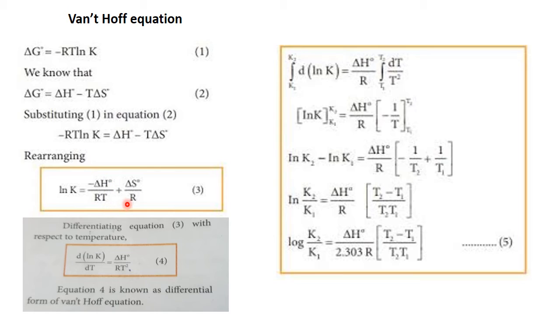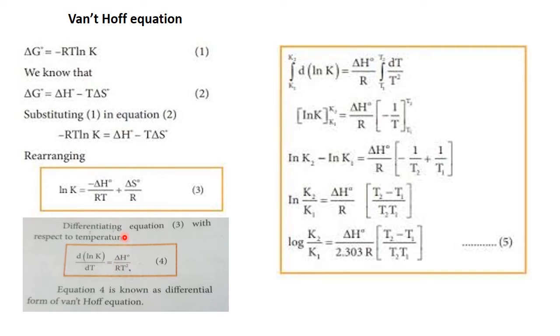Then the third equation, we differentiate the third equation with respect to temperature. All of you know how to differentiate here, so differentiation is with respect to temperature. So we can write it as d ln K by dT. How do we get d ln K by dT? Differentiating this equation, we get d ln K by dT is equal to delta H0 divided by RT square.